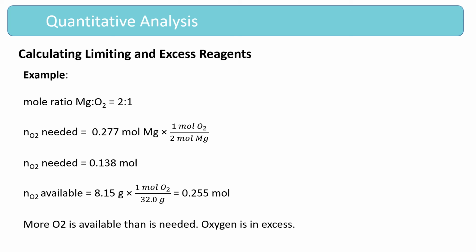So that works out to be 0.138 mole. Then n of O2 available is 8.15 grams times 1 mole of O2 divided by 32.0 grams, which is 0.255 mole. So we find that we have more oxygen available than is needed, so oxygen is in excess.